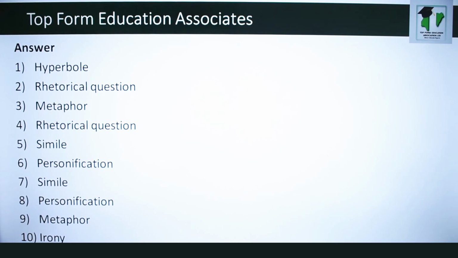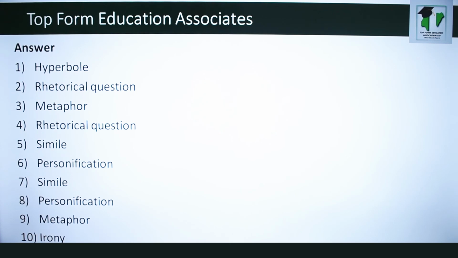Then question 5. Nigeria is like hell. Of course, with the word like there, you will know that the expression is an example of a simile.